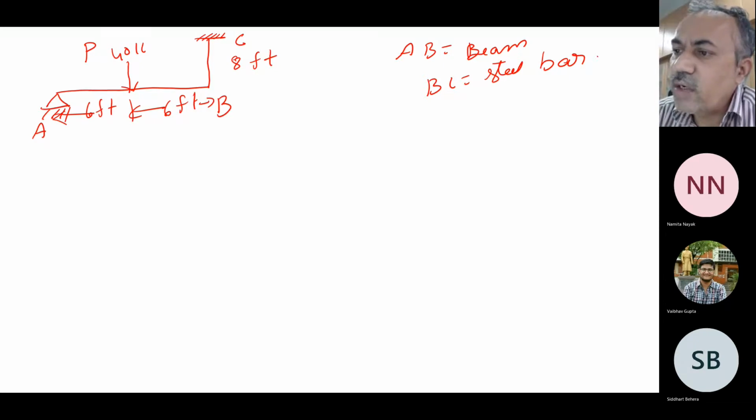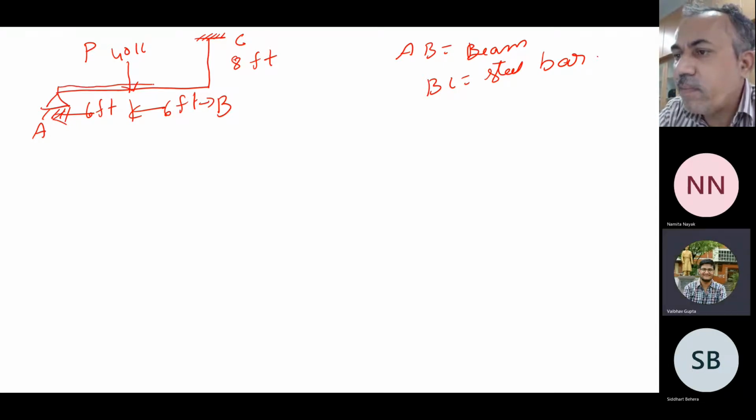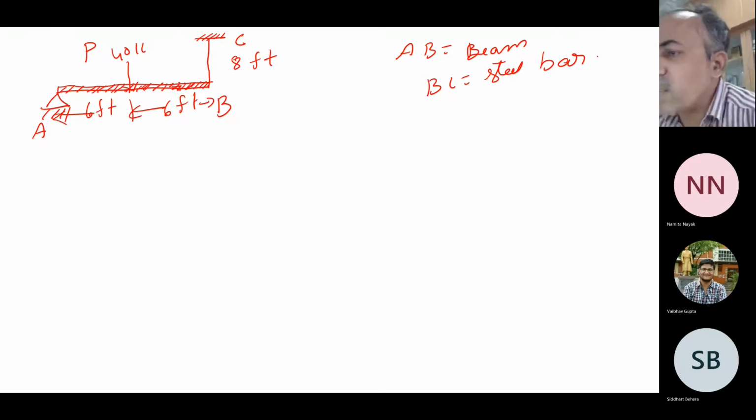First of all, how many components are there in this problem? You are having a beam, and then a bar is there. Bar element means tension, compression kind of a thing. Beam means the bending capacity and other things will come. So there are basically two elements.